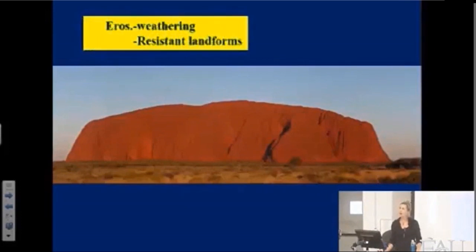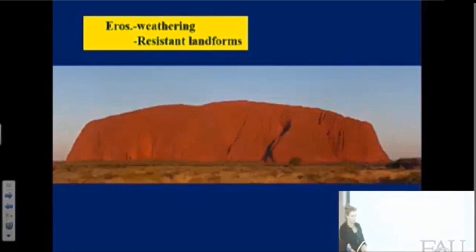Also out here, you're going to get erosion and weathering. This is an important one, remember it. You get a certain kind of landform from that. So you have all of your ground up here, and you have some things that are underground doing their thing, but everyone's walking around up here.